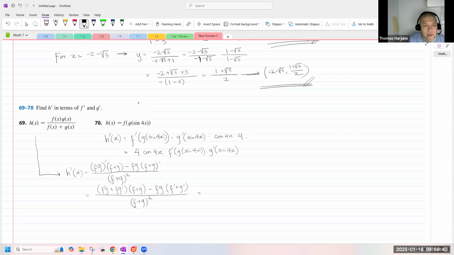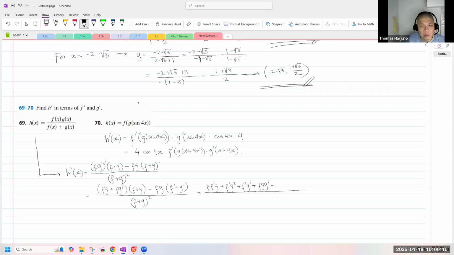Let me do it to the right. I will distribute next. So this will be f prime g, I do FOIL, plus f prime g squared plus f squared g prime plus f g g prime. That's the FOIL of the first term on the top left.